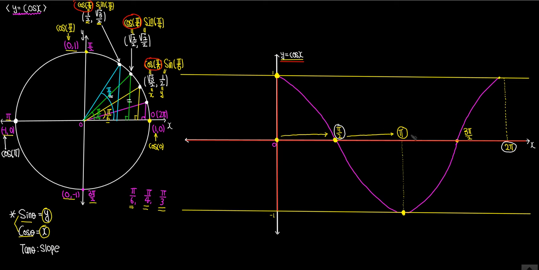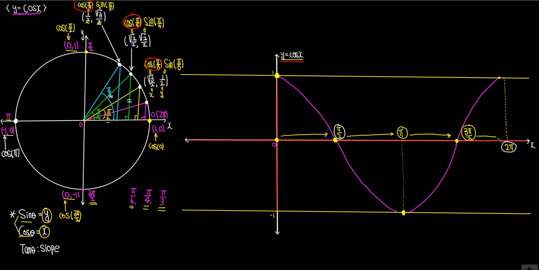And as the angle rotates and reaches 270 degrees, which is 3 pi over 2 radian, the cosine of the main angle 3 pi over 2 radian will be equal to 0.